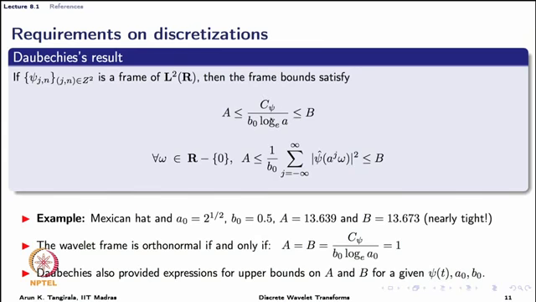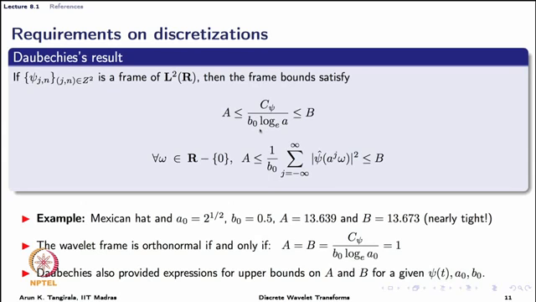So, C psi is the admissibility constant, you know that. b naught and a naught are your user defined parameters. Put together there should be two constants A and B that you can always find.